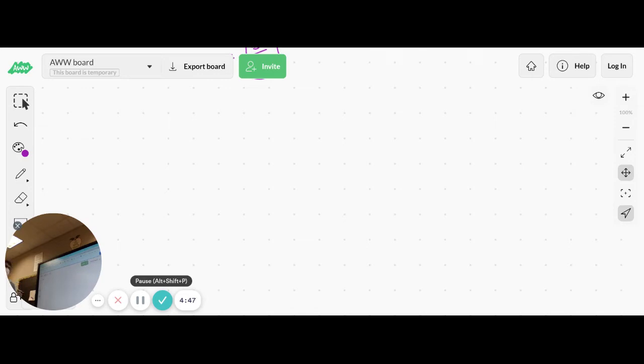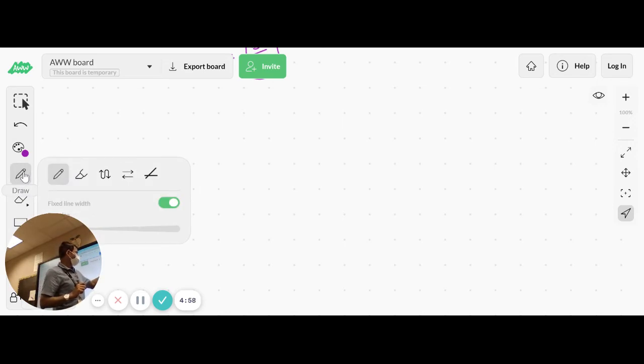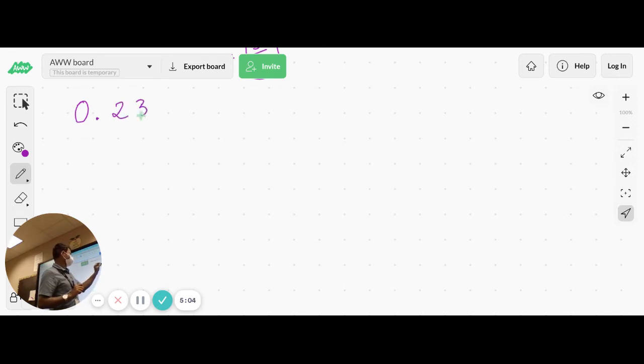Let's say I have 0.2333, with only the 3 repeating, not the 2. So let's take 0.23 with the 3 repeating. The 2 is not repeating. How do we do this question?